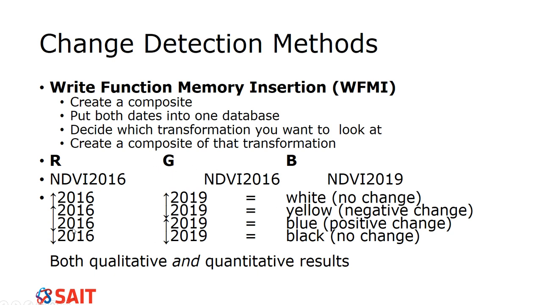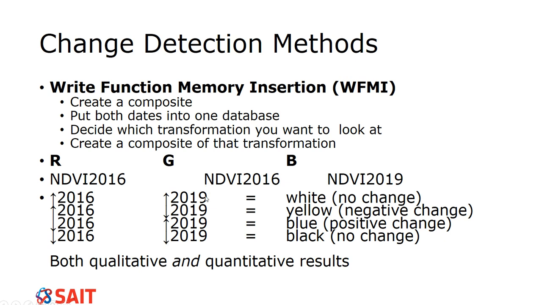Now if the 2016 value is lower and the 2019 value is higher, I'm going to have blue, and that shows that the value increased. If both of them have gone down, or they're both fairly low, then black. When I say go down and up, I'm just referring to changing the numbers.